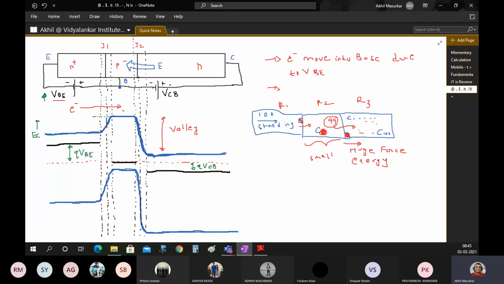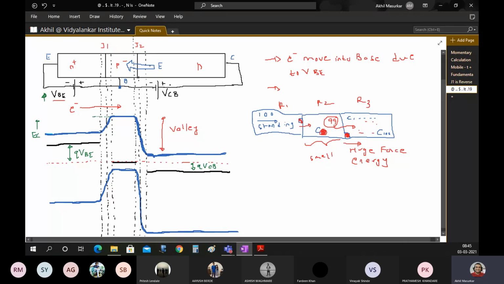So electrons are in a state where they cannot recombine and they cannot even move. If I apply bias to junction 2 such that the electric field is favorable for movement from base to collector, then electrons will move from the base into the collector.